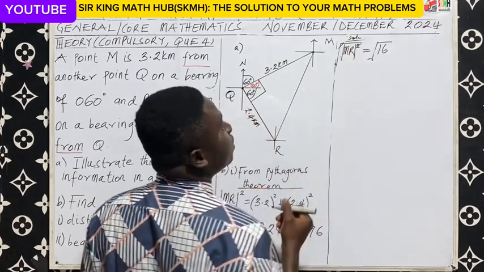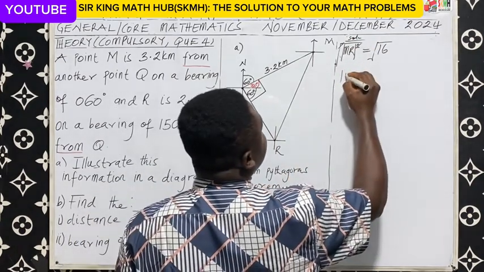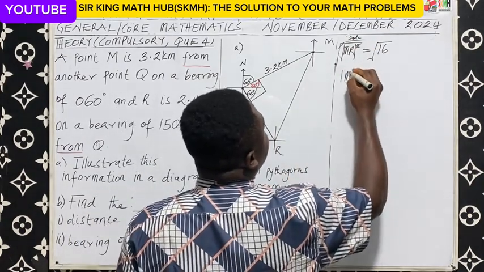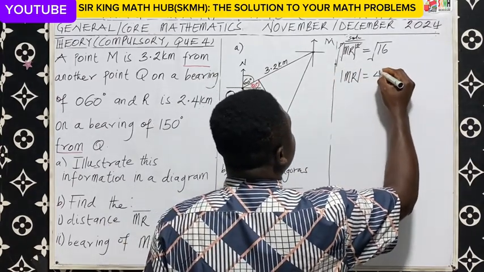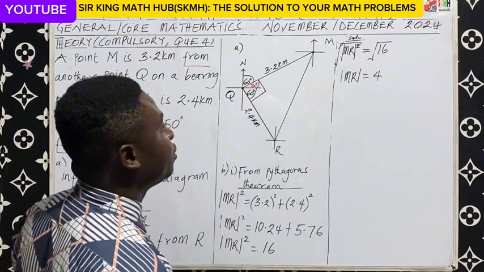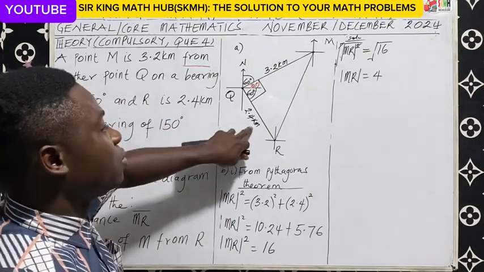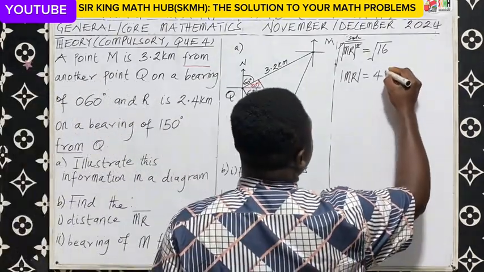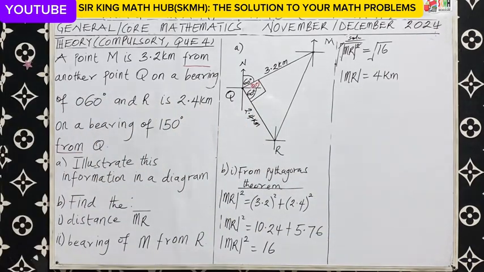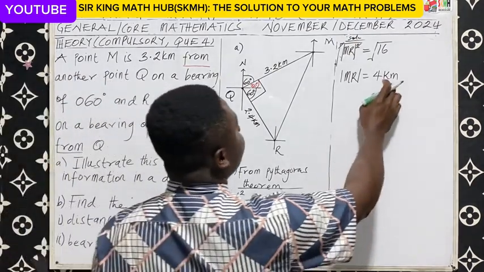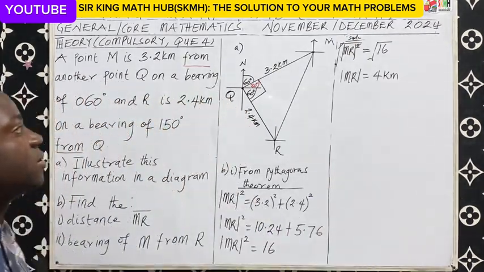So the square root and the square will cancel out, leaving MR is equal to square root of 16, which is 4. Then don't forget that the distance was given in kilometers. So the distance MR will measure 4 kilometers.